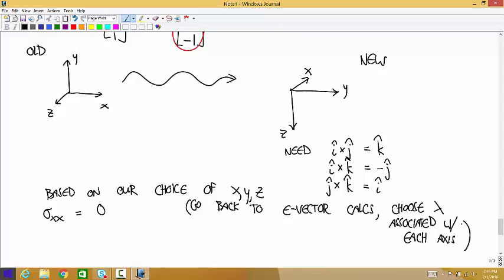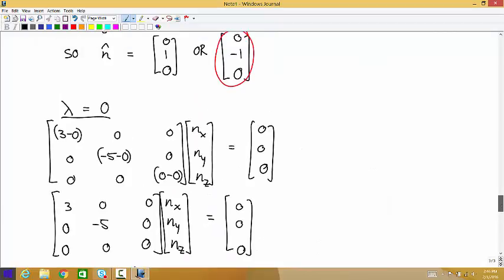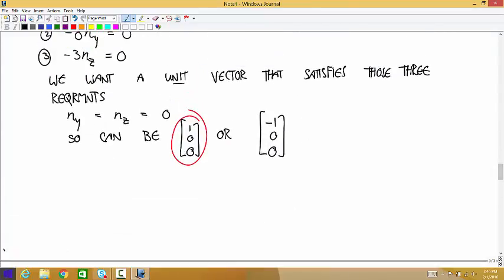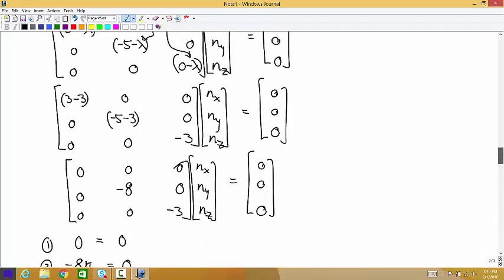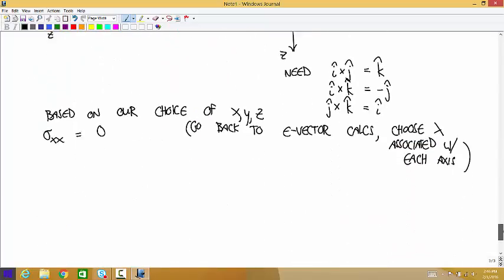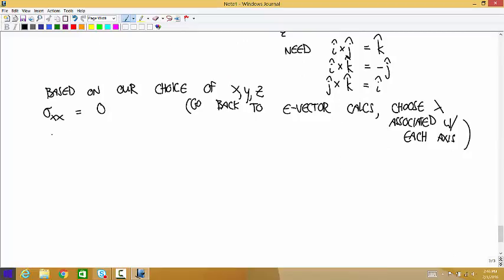So that's how we got that one. Our y-axis is 1, 0, 0, so we have to go back and find where that was, and that was the first one we did, 1, 0, 0. And that corresponds to lambda equal to 3. So our new y stress is equal to positive 3.